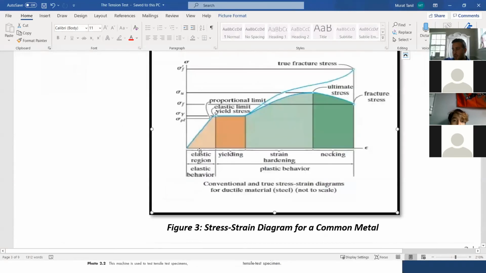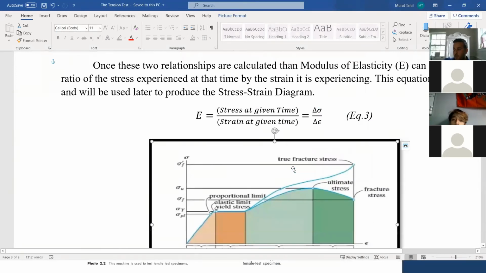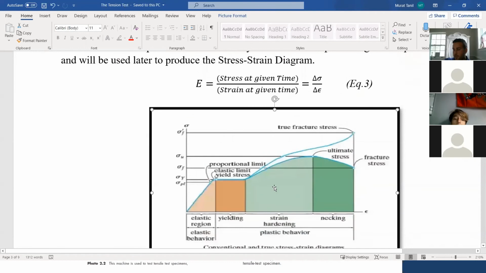You can see the elastic region, the yielding region, strain hardening, and necking portions. We're going to get into this part again. You should know this portion from mechanics of materials, but I'm assuming you haven't gotten that far yet. But if you're a senior or junior, you should know this stress and strain diagram.